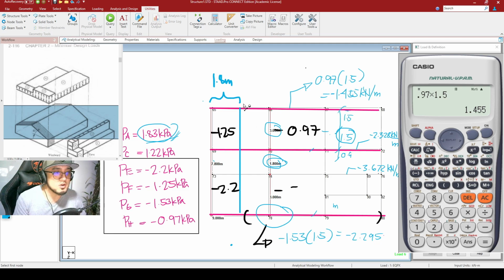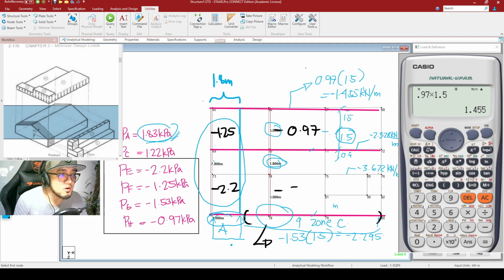Okay, so before solving for this portion, what I would be doing here is assigning this first. And since in this setup right here, your value for your zone E and F is to be at the left side, looking at the upper left corner of your screen, that is basically case A. So meaning that in this portion right here, this is to be zone A, and this one right here is to be your zone C. So meaning that this is for wind load case number 1.